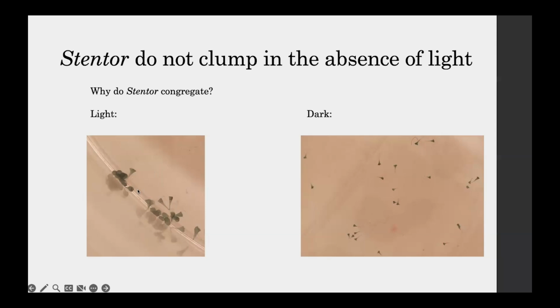When the stentor are in a social group, the slow feeders position themselves near the fast feeders to take advantage of the fluid flow from the fast feeders and basically hijack it so that they can get more food of their own. And then they switch places constantly during this aggregation so that they can maximize their food flow.